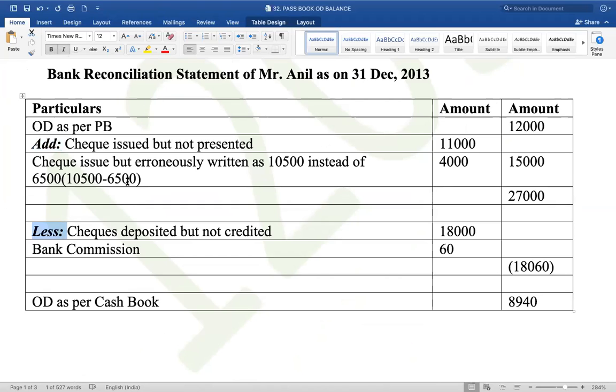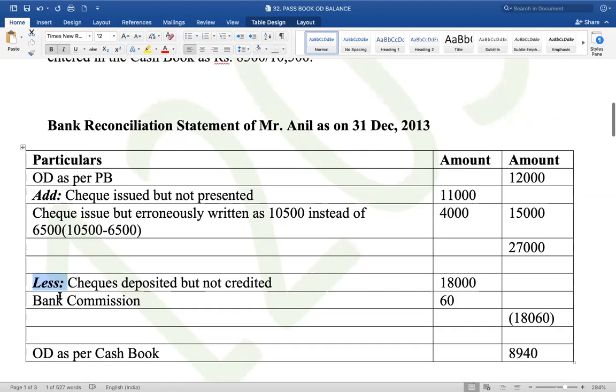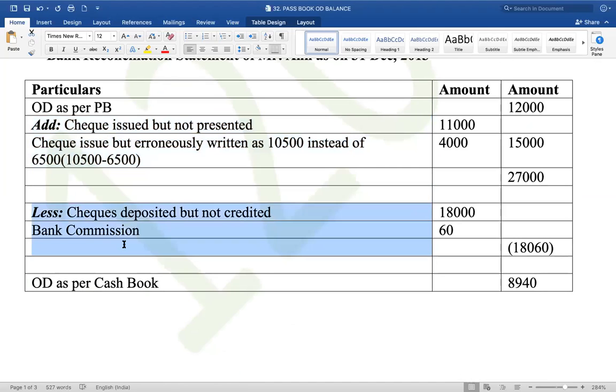Give a 4 or 5 line space depending on the number of transactions that you may see in the problem. You can make a guesswork and give appropriate space, 4, 5 or 6 lines, depending on the size of the problem and volume of transactions. Do the same thing under less also.